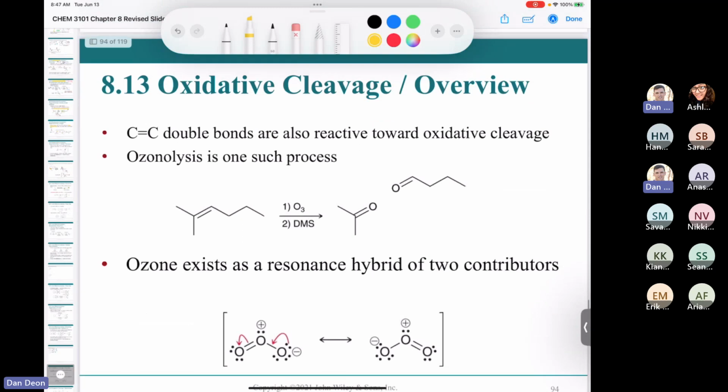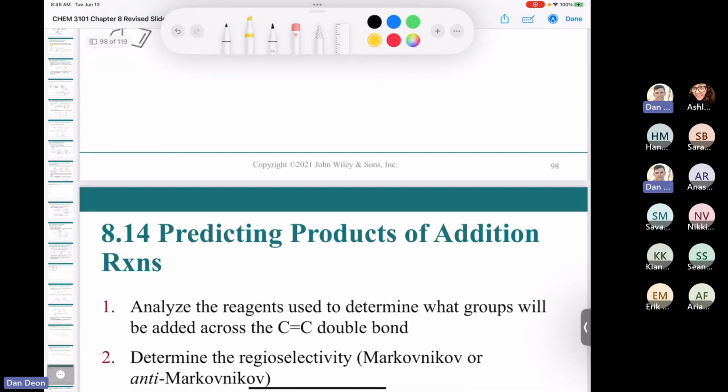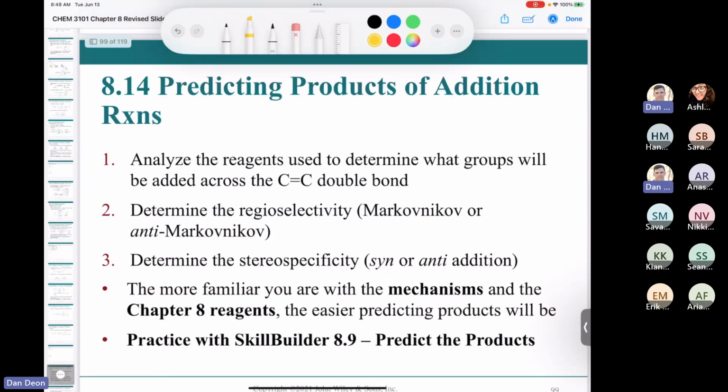And then after syn and anti-dihydroxylation, a lot of students like this reaction. It's called ozonolysis. And there's a really cool skill builder, I think it's skill builder 8.8 in the textbook. If you want to look at it during the break, it goes over a really fun way to solve these ozonolysis problems. So that's what we'll cover after the break. And that is actually the last reaction in the chapter. Okay, this is the one in 8.13. And after that, we're going to get into some synthesis.